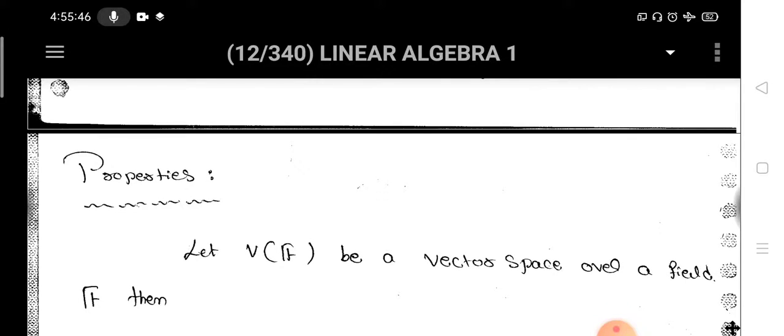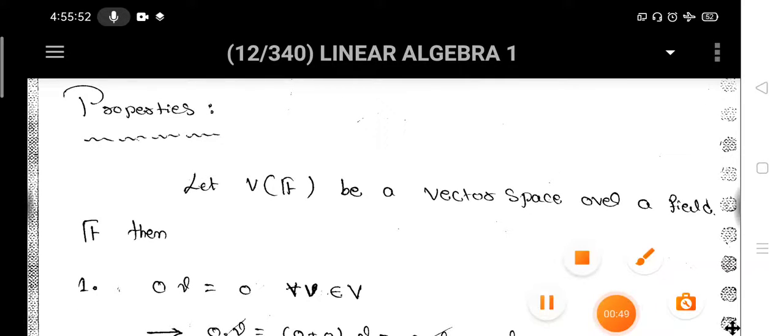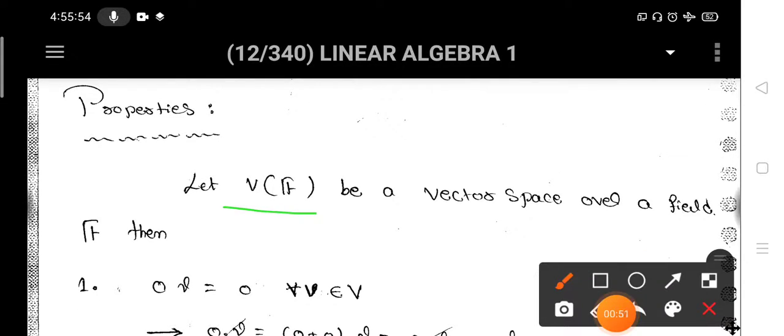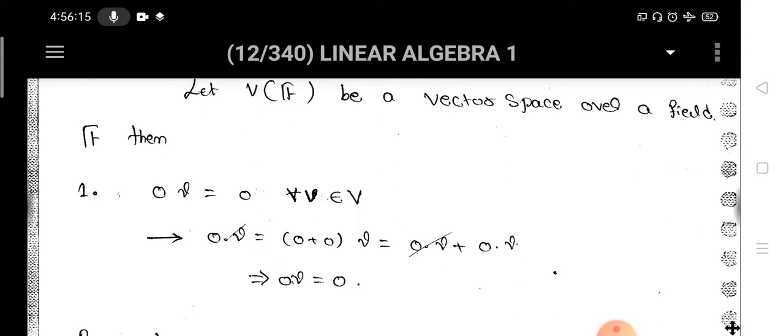So let me first of all tell you something about the properties of vector space. Let us consider that V is a vector space over a field F, then various properties are satisfied. What are those properties? The first property is that if you multiply any element of the vector space by 0, then you are going to get 0.